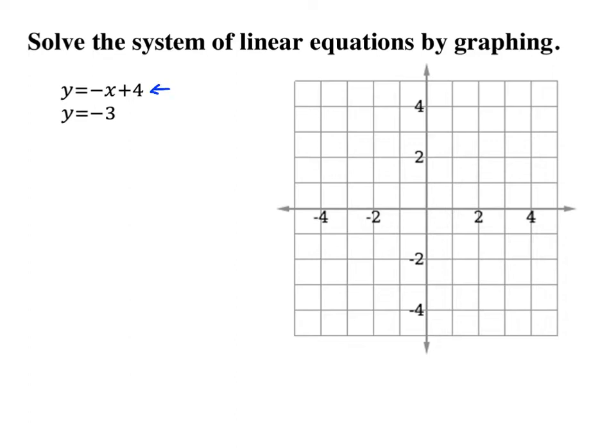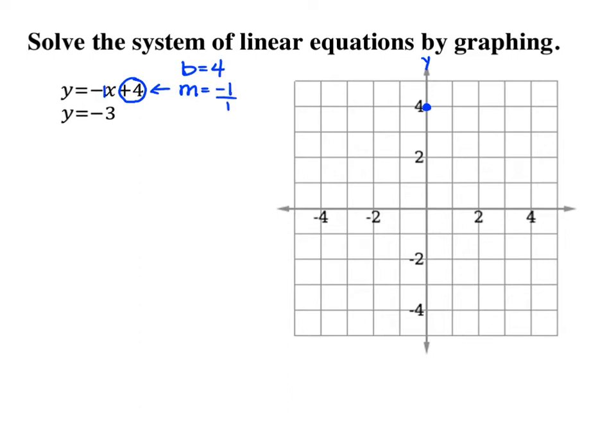I'm going to go ahead and take one color, right? And you can switch colors on Formative, so you can do this as well, and graph my first equation. So I put my y-intercept, so on the y-axis, I put a point at 4, because b is 4. Then I have to identify my m, so the number in front of x was -1.